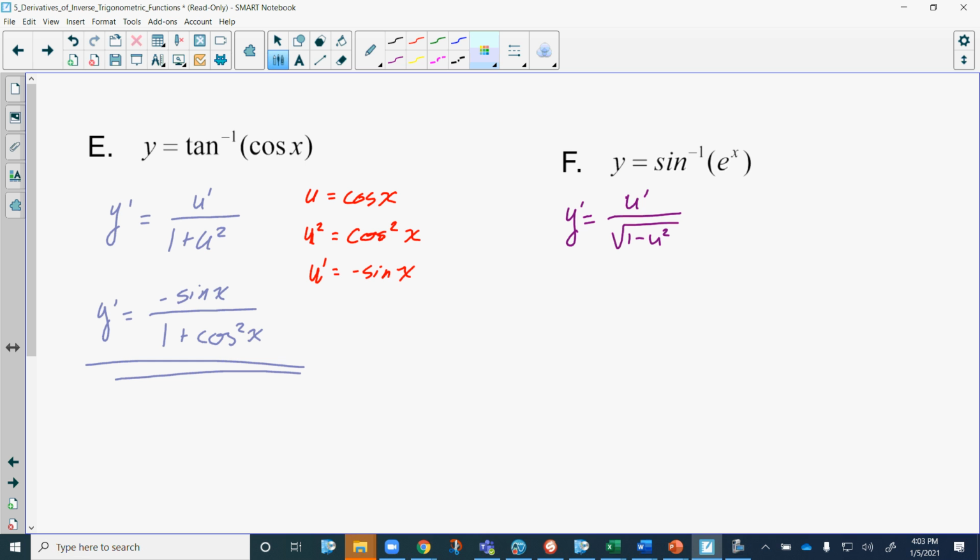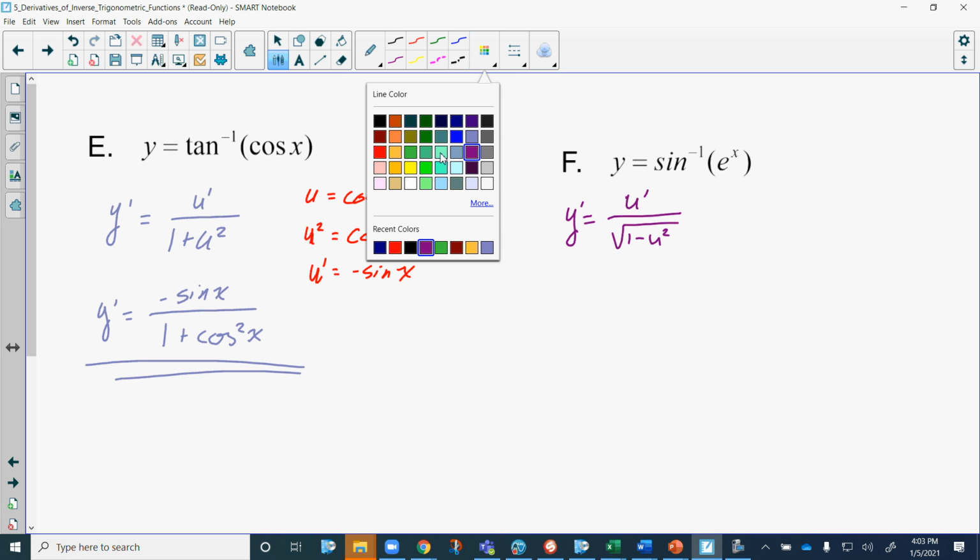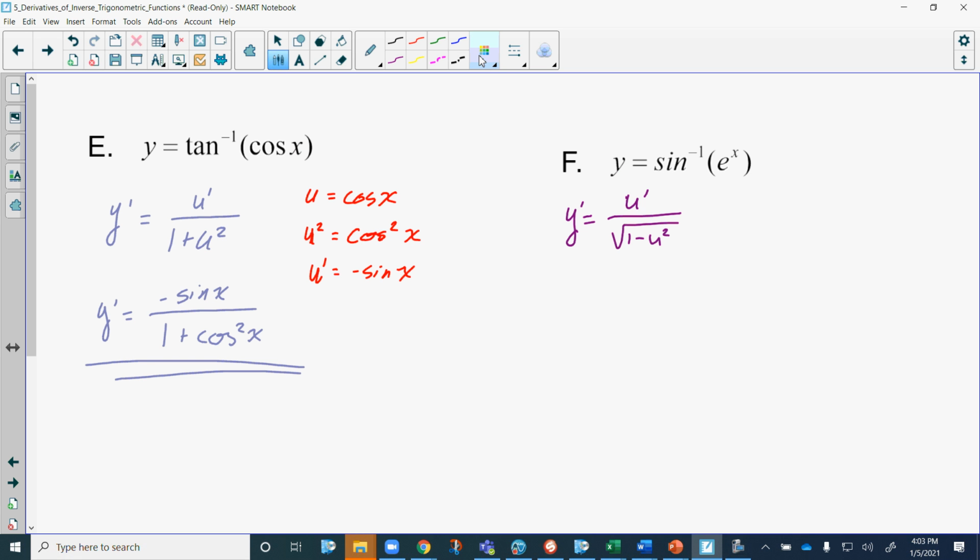So we want to know what those things are. Well, the u term, let me go to a different color here, just to keep things consistent. u in this case is going to be e to the x power. So u squared is going to be e to the 2x power, and u prime is just going to be e to the x power again.